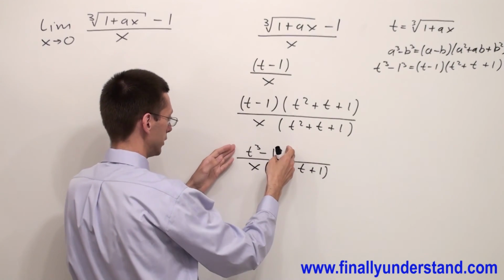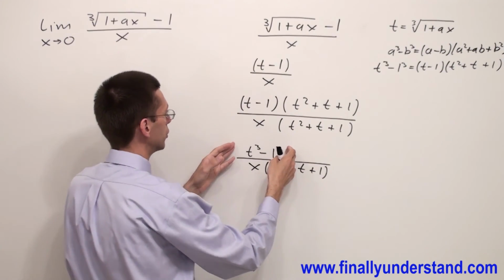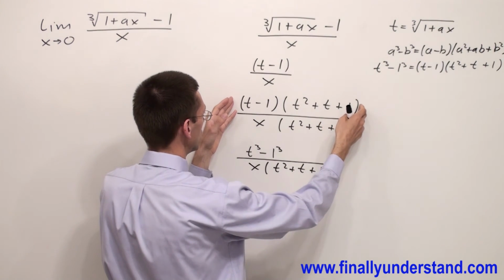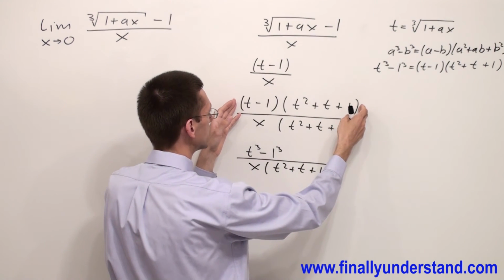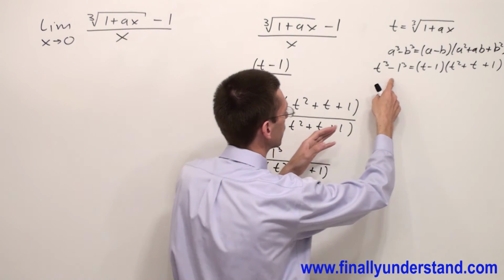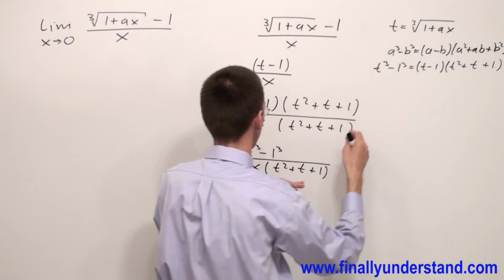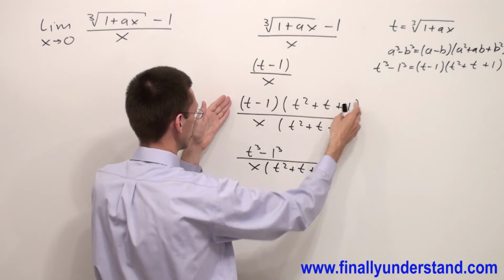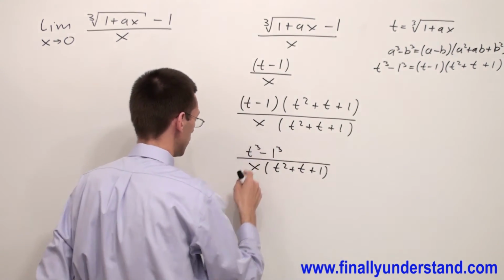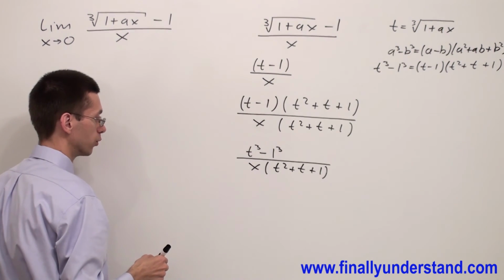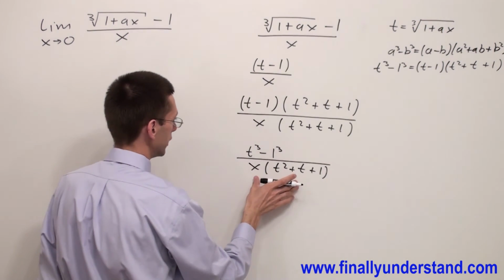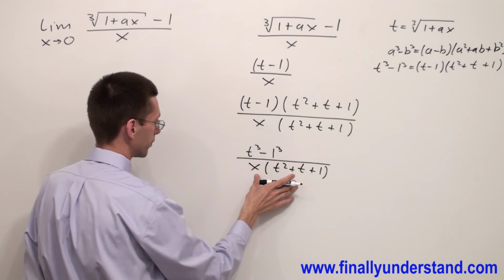Why did I do this? Because this expression is nothing else but this formula. This is equal to this. That's why I made a long story short by writing t cubed minus 1 cubed. The denominator will stay the same.